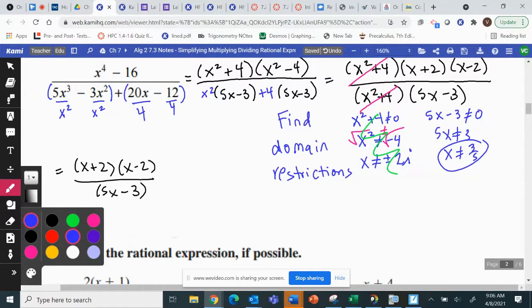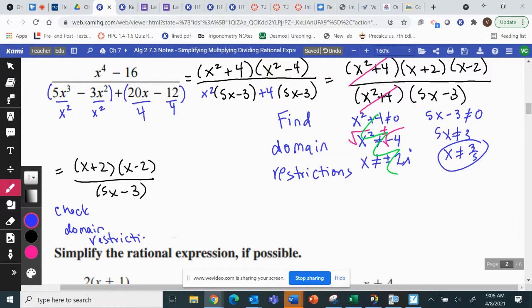Then we're going to check our domain restrictions one more time. X cannot equal 3/5. Has anything changed? Have the domain restrictions changed? Because I canceled stuff.